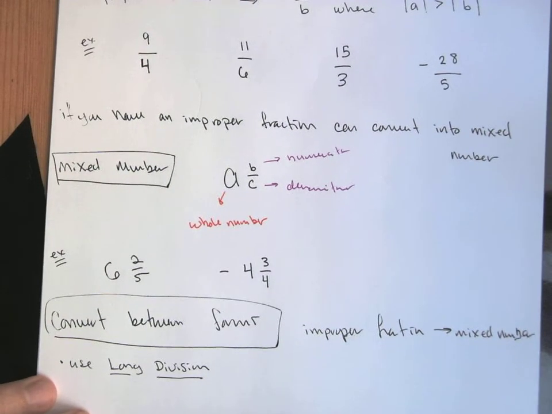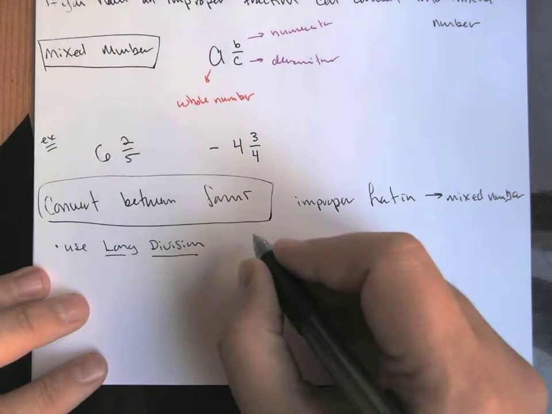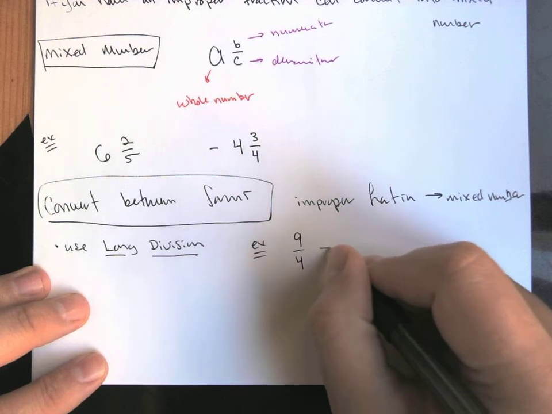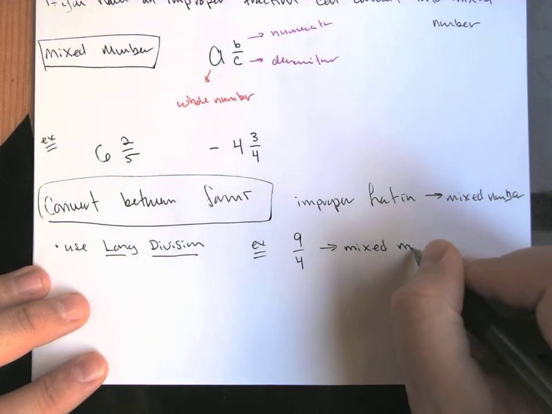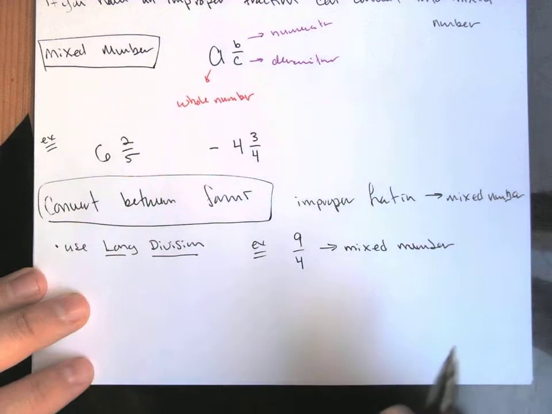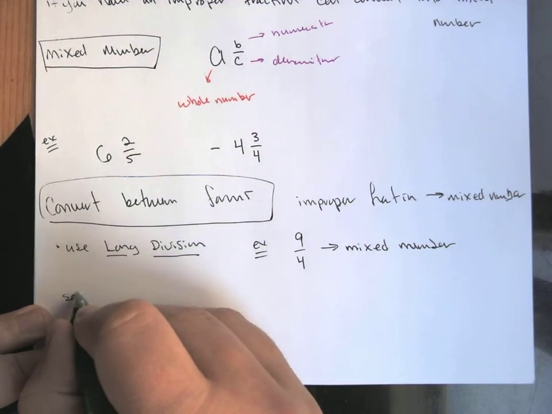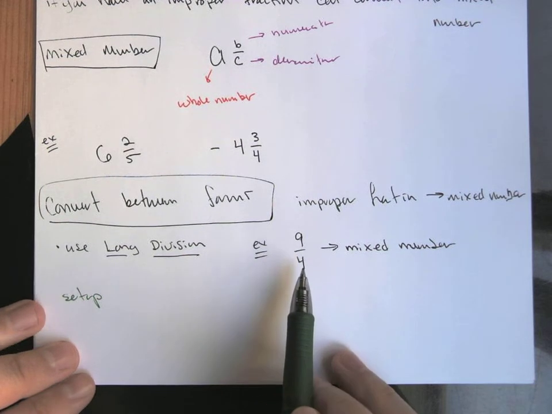I'll recycle one of our ones from up here. Let's start with 9/4, and turn it into a mixed number. So my setup: this is 9 divided by 4.